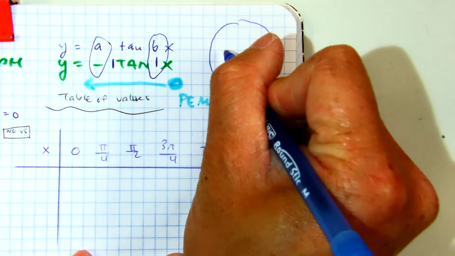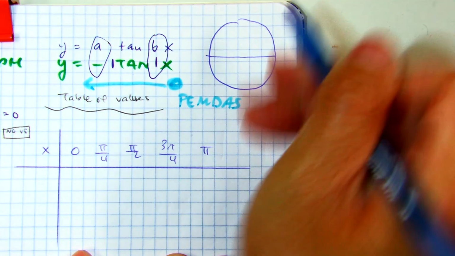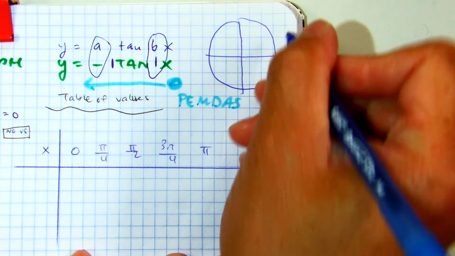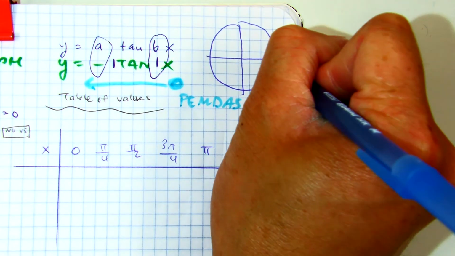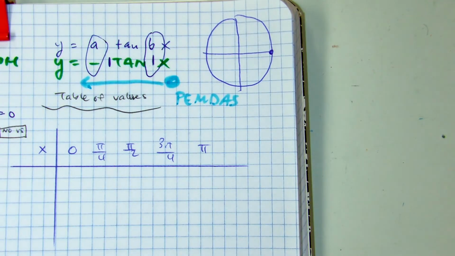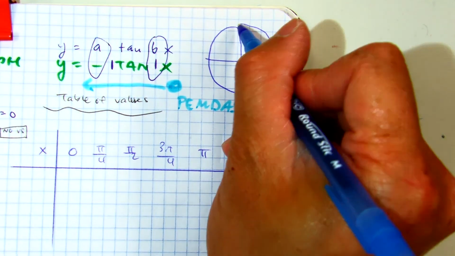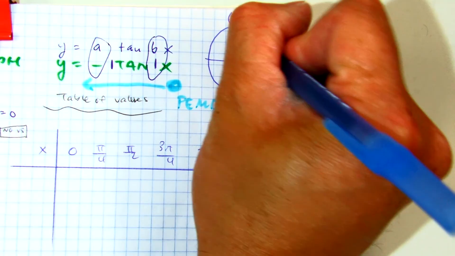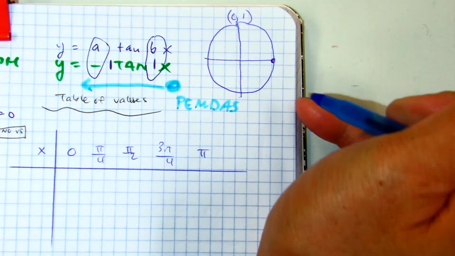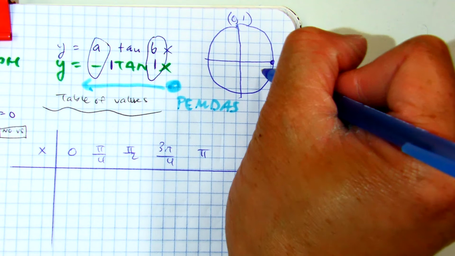Class, they call it the unit circle because the radius is equal to 1. Anthony, tell me the ordered pair. No, it's not what you said. What is it? 0, 1. 1, 0.